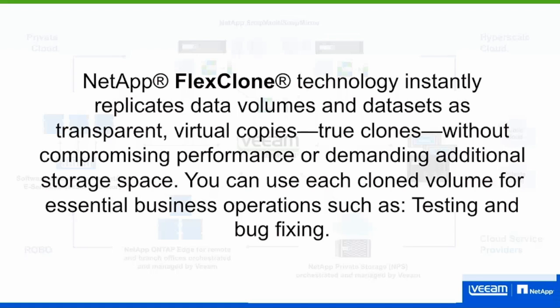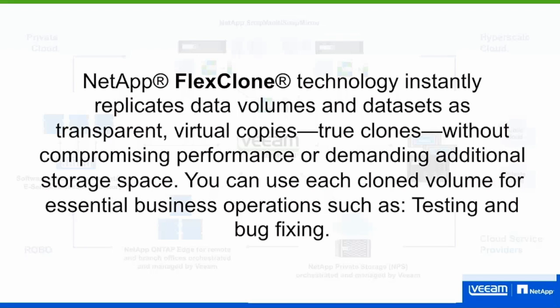So ultimately, we're going to be taking a point-in-time snapshot that points to the existing data blocks, allowing us to have a completely separate entity and provision that to whatever application or server that you'd like to. Great for testing, bug fixing, etc. But also really storage efficient, because we're not having to take a complete copy of all the data.